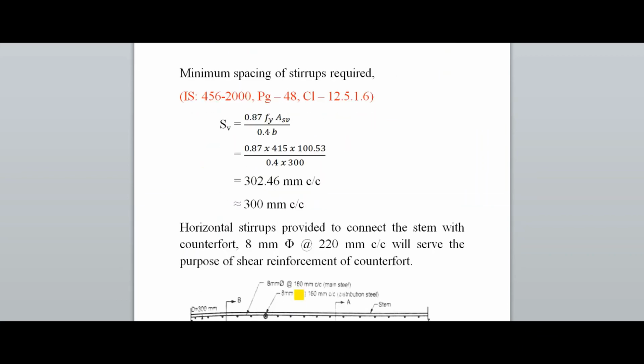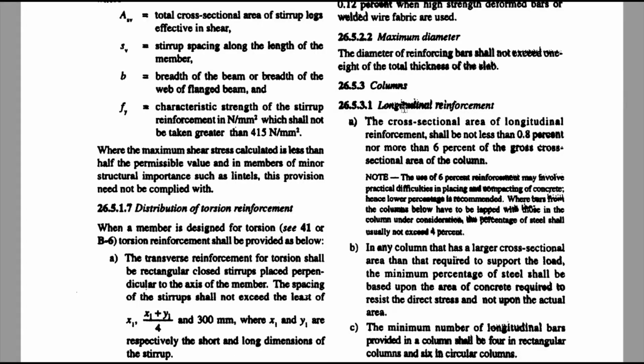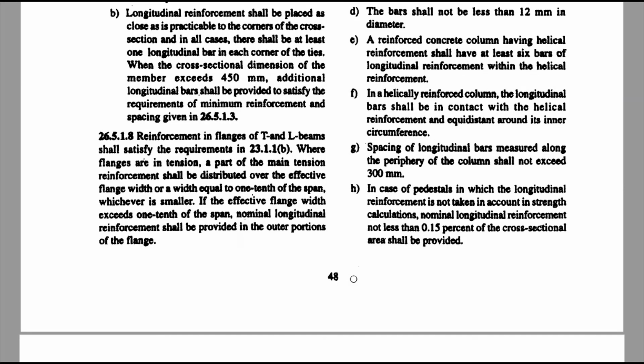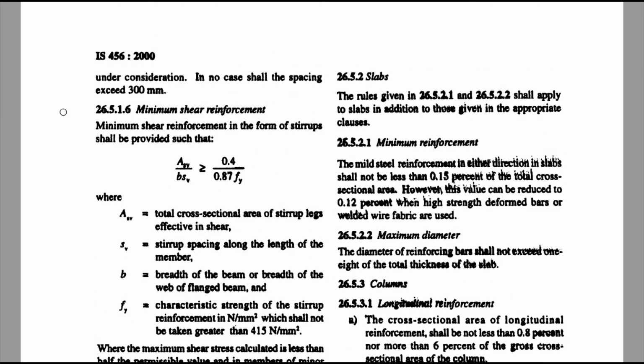Now we can find the minimum spacing of the stirrups required from IS 456, page number 48, clause number 26.5.1.6. We have the equation Asv by b Sv greater than or equal to 0.4 upon 0.87 fy.